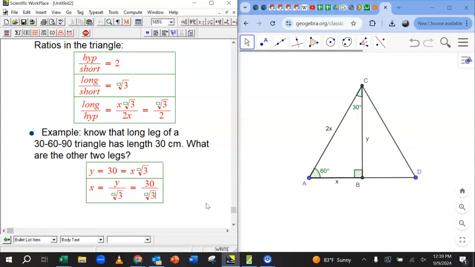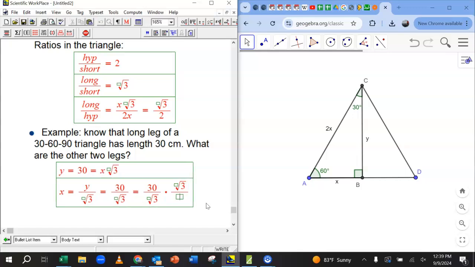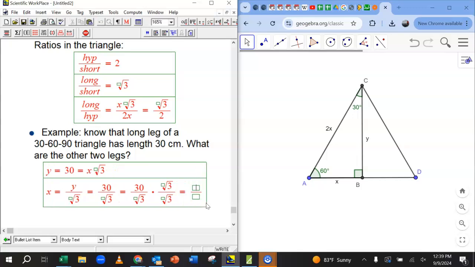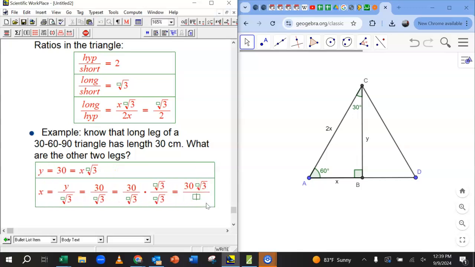My bad. Once again, we'd like to simplify that. We're going to multiply both top and bottom by another root 3. You can't just multiply just the top or just the bottom. You have to be multiplying by 1, and that's what this does. And then that gives you 30 root 3 over 3.